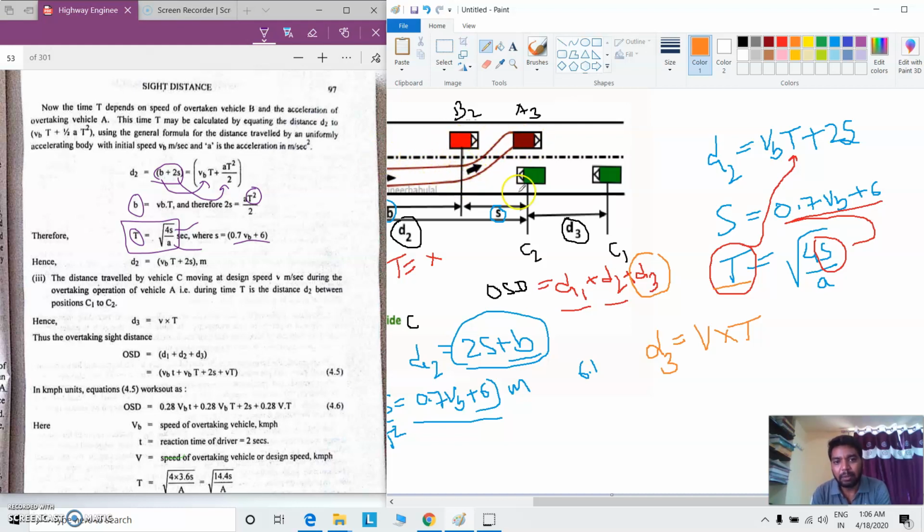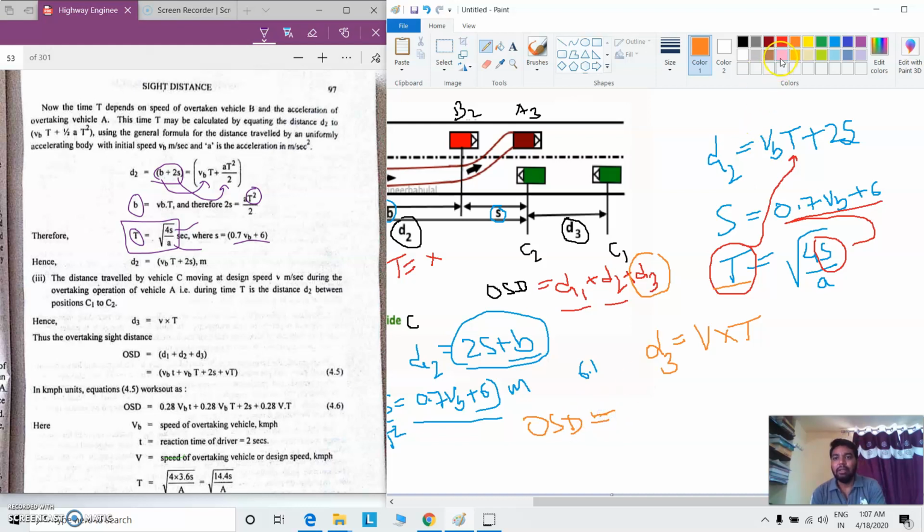In that same time the vehicle c is traveled from c1 to c2, so because of that we need to consider the same t, and this is moving with a speed v, right? So that we can write overtaking sight distance as d1 plus d2 plus d3, right?